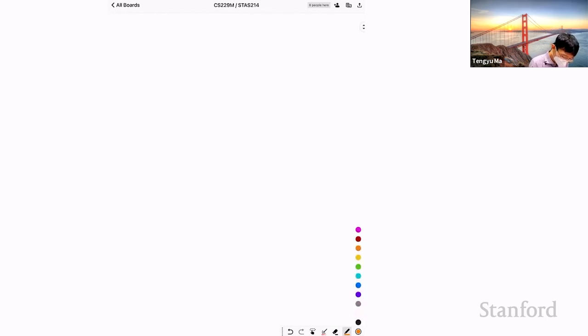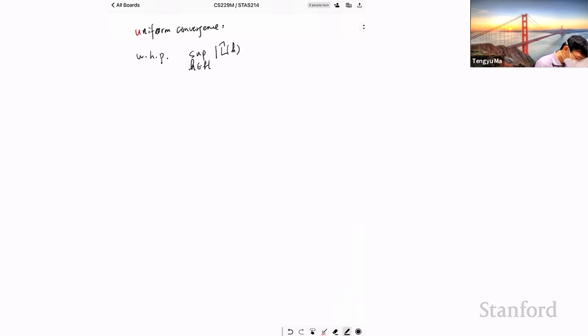Our goal for the next few lectures is the so-called uniform convergence, which means that you want to prove that with high probability, if you take the sup, or maximum (sup really just means maximum for this course), over the hypothesis class of the difference between the empirical risk and the population risk, this is small with high probability. So this is the general idea.